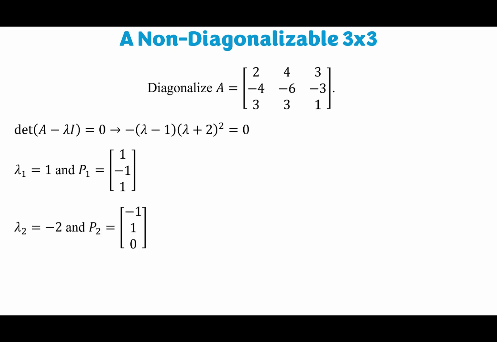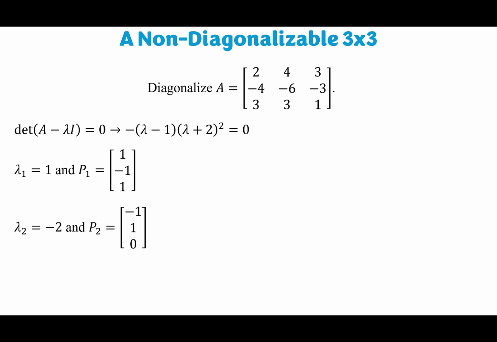For the eigenvalue of negative 2, you can only get an eigenvector of negative 1, 1, 0, or any scalar multiple of that. So it's really just a line going through the origin, the set of all vectors that get purely scaled by negative 2 when you do A times those vectors.